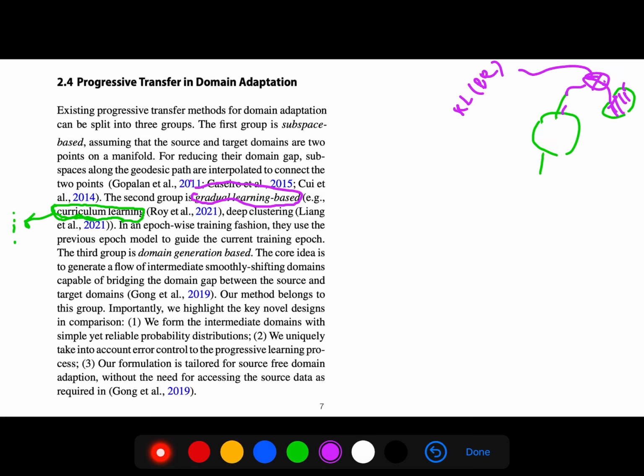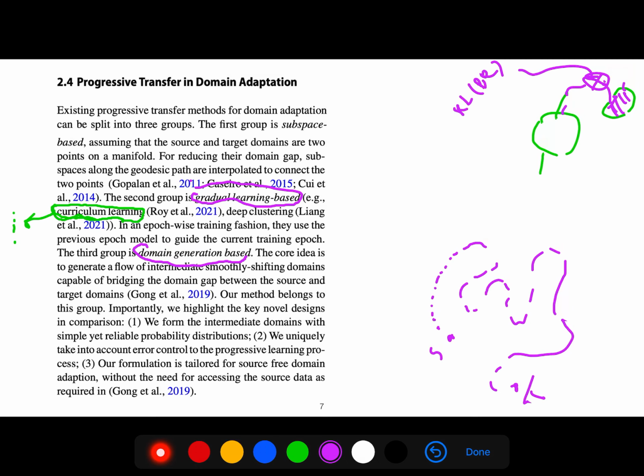But the third group is interesting, the domain generation based. The core idea is to generate a flow of intermediate, smoothly shifted domains capable of bridging the gap between the source and the target domains.